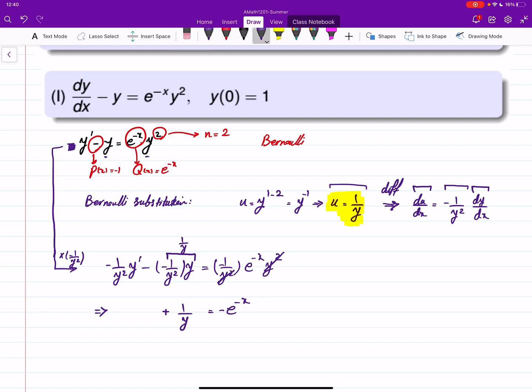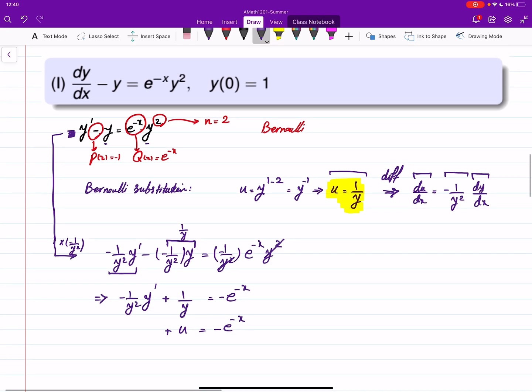So this term is going to be u. On the right hand side there is no y, so I'm not worried about anything there. And the first term is exactly what I just found for du/dx, or u prime. So this is how we turn our nonlinear equation into a linear one. This is now a linear differential equation.